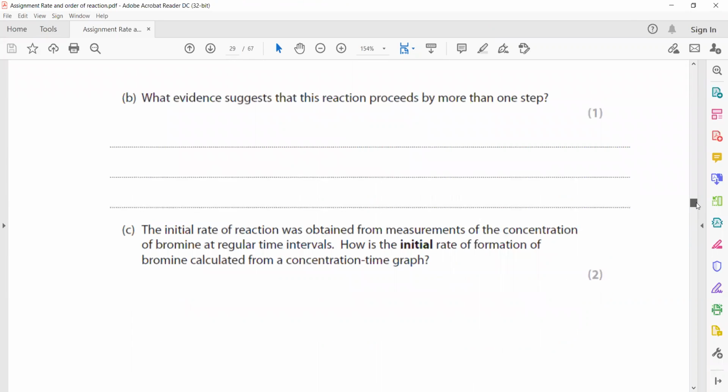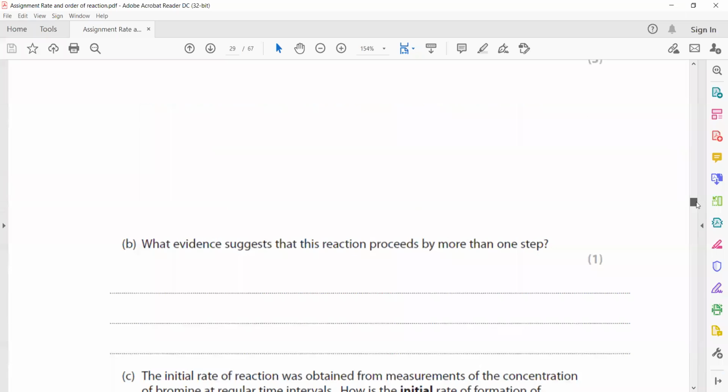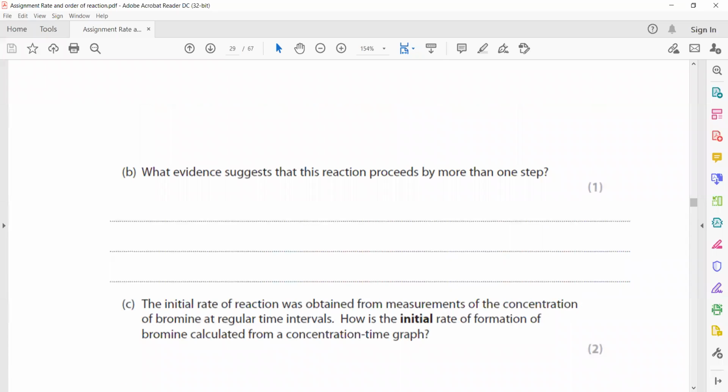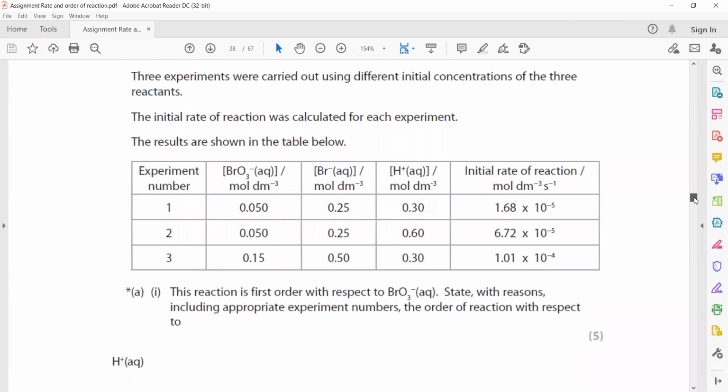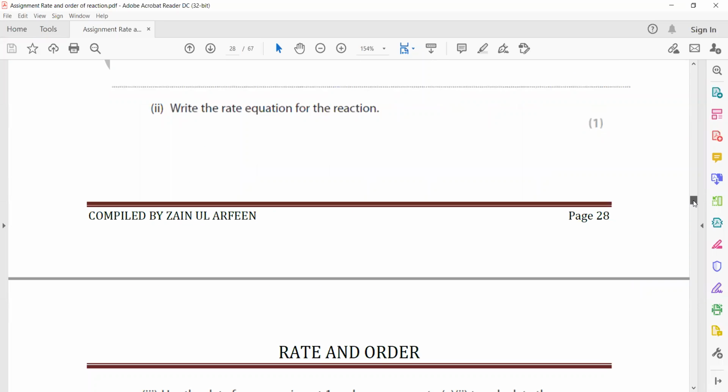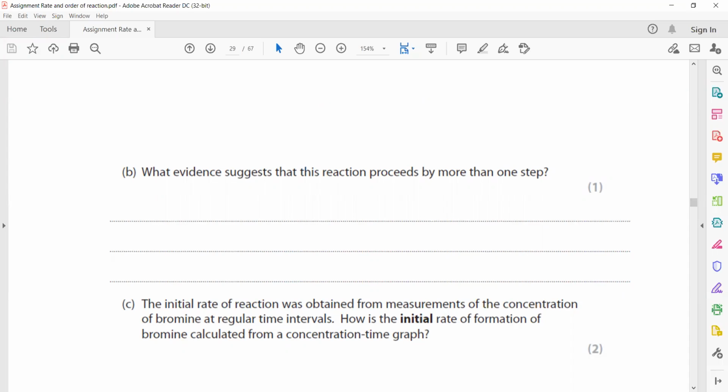Then what evidence suggests that this reaction proceeds in more than one step? What is the evidence that this reaction might proceed in more than one step? As you can see, there are a lot of particles, 4 particles overall when you check the equation and as we work out the rate equation.